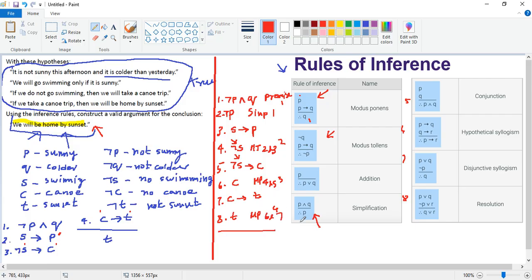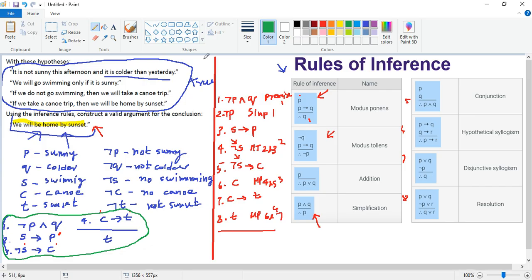And so that's the step by step way of applying rules of inference to validate a conclusion. Sometimes the question is just this, which means you'll be given this, and then you can just directly go ahead and apply all the rules of inference to validate the conclusion.